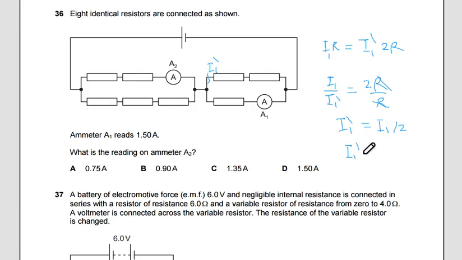So I1 dash is 0.75 ampere. If they gathered here, it is 1.5 plus 0.75. So the current in the circuit is 2.25 ampere.